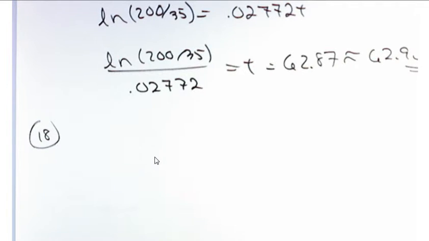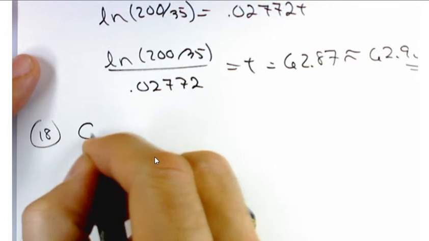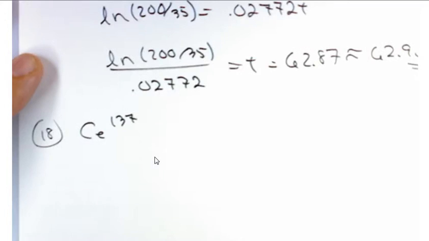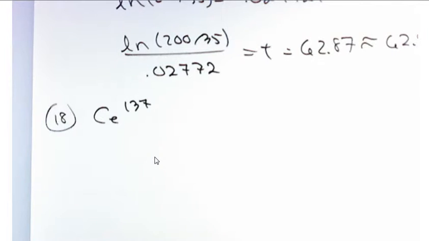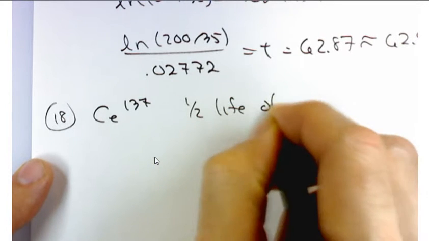So cesium-137, I think that's Ce-137, has a half-life of 30 years. This is the stuff that would be left over after being used in a nuclear reactor.